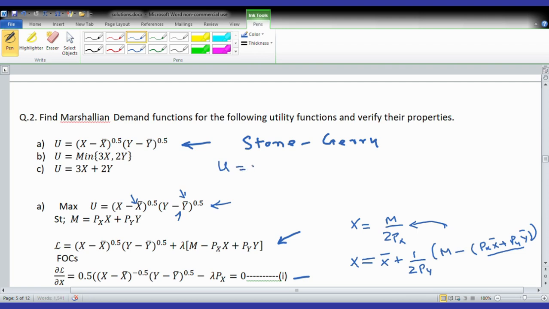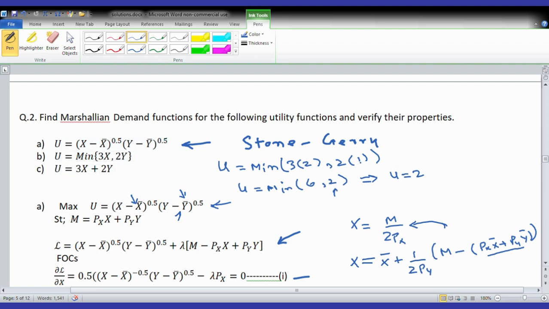Then u equals the minimum of 3 times 2 units of x and 2y, that is 6 and 2. Which is the minimum of 6 and 2? The minimum is 2. So we will say that utility is equal to 2. The utility will be read in terms of the minimum of these two numbers.